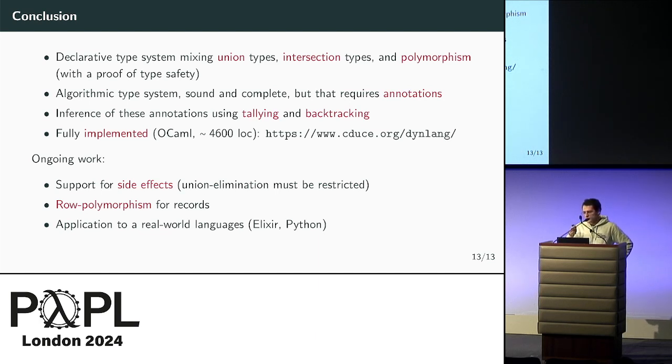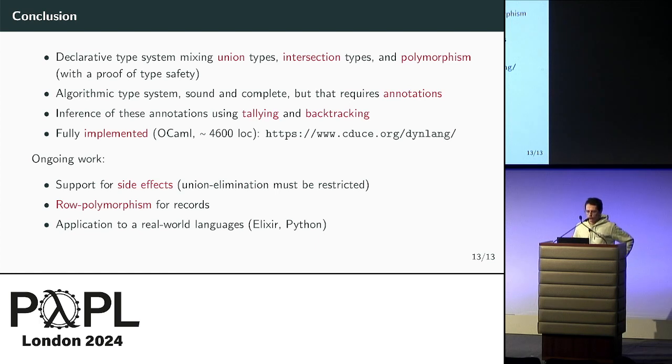And for that, we use tallying and backtracking. So our inference algorithm is not complete, but it is terminating. But as it is not complete, sometimes we might need some user type annotation to help it. It has been fully implemented in OCaml, and you can test it online. No need to install anything.